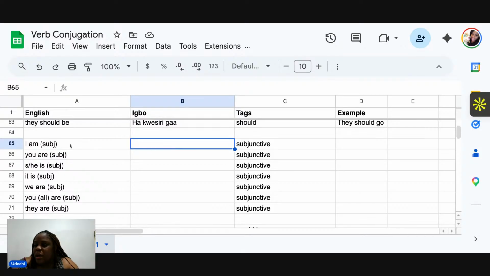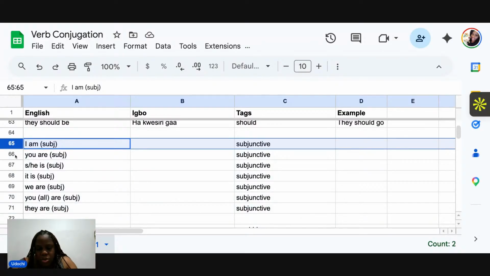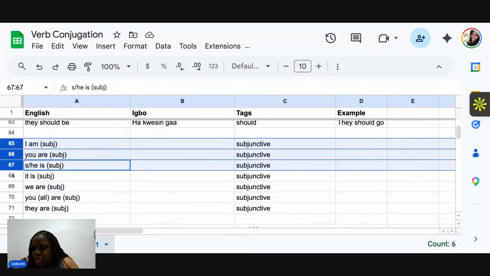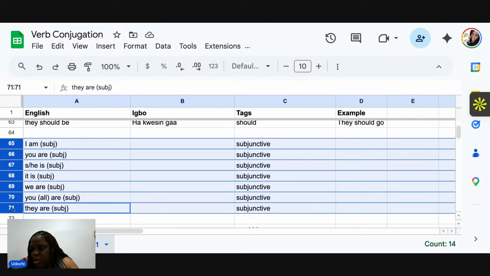It wouldn't change the verb the way it might in maybe Spanish or Italian. So I would delete these rows because the subjunctive is not relevant in the Igbo language. So let's just delete these rows.